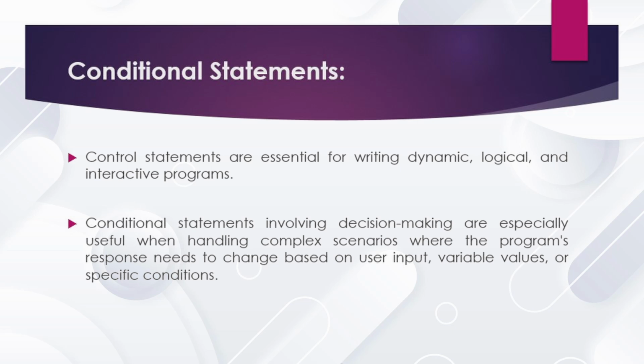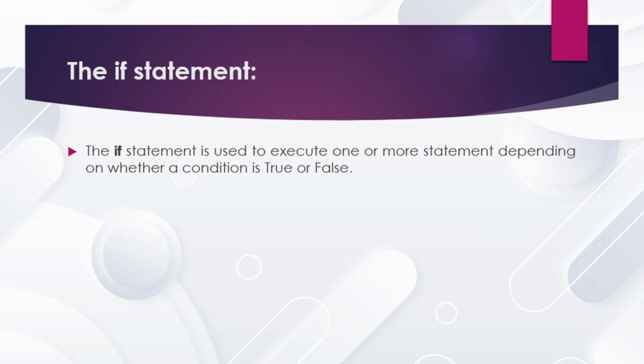Let us look at the first conditional statement, which is the if statement. The if statement is used to execute one or more statements depending on whether a condition is true or false. This type of statement is used in programming to determine whether a specific block of code should be executed or not, based on whether a given condition evaluates to true or false.